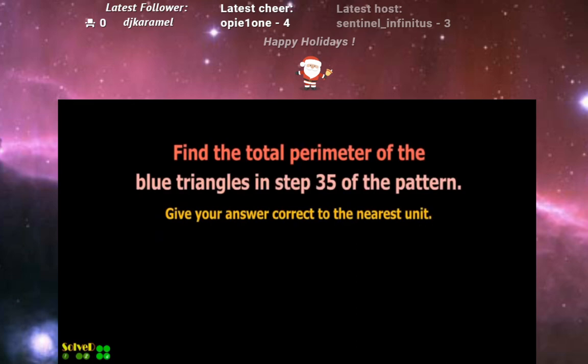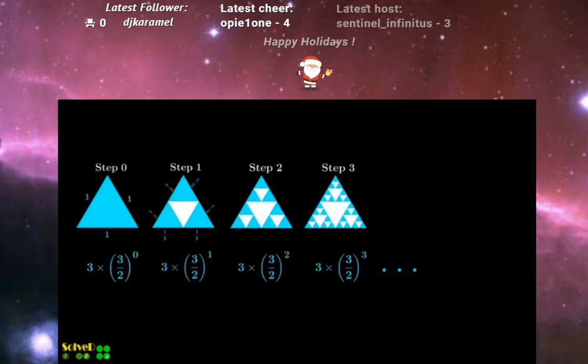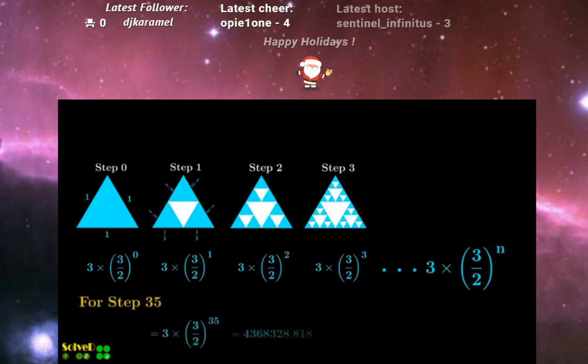Find the total perimeter of blue triangles in step 35. For this, use the formula for the nth step, as shown, and set n equals 35. And here is the answer.